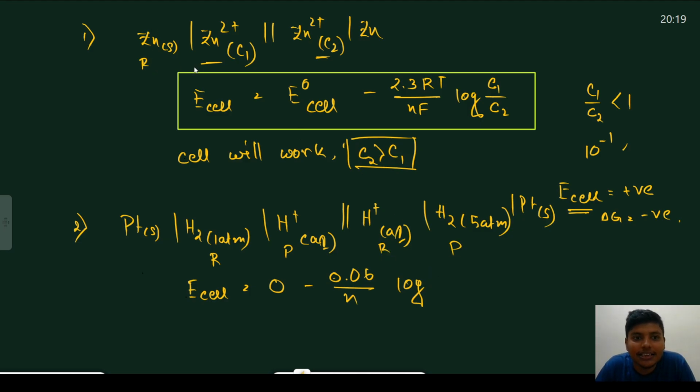Here also this is reactant, this is product. That's why you do product by reactant. Here also product by reactant, so 5 by 1. Clear? Understood? So for this we will get minus 0.06 by n log 5.